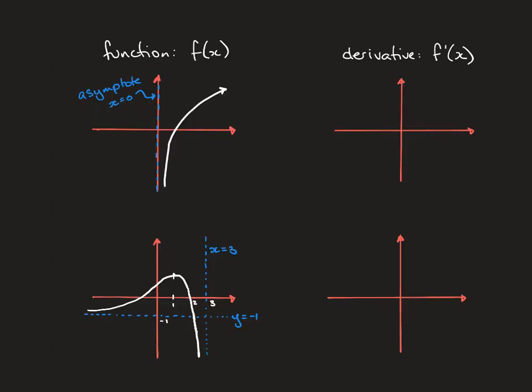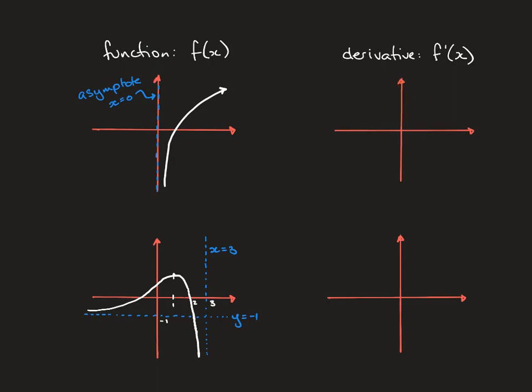Okay, so for this function here, we've got an asymptote. This looks like a log graph. So we've got an asymptote here, and the function doesn't exist for any of these x values. So for our derivative, we won't have any derivative here, and our derivative will also not have a value where our asymptote is.